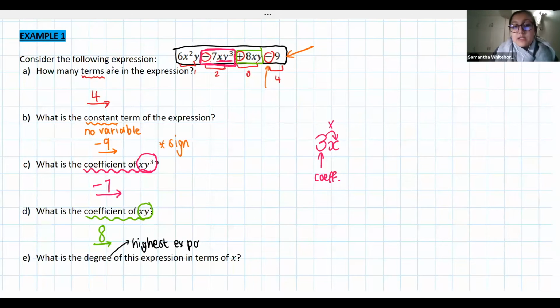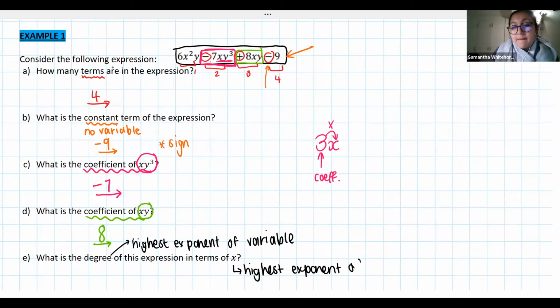Because in this expression I have both x and y variables, I needed to be specific, so that's what I needed to add in.